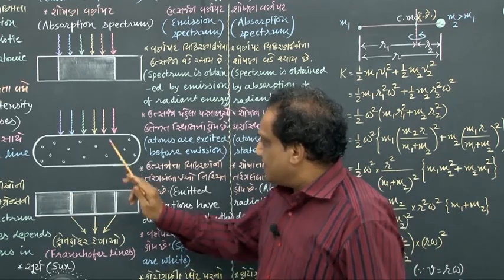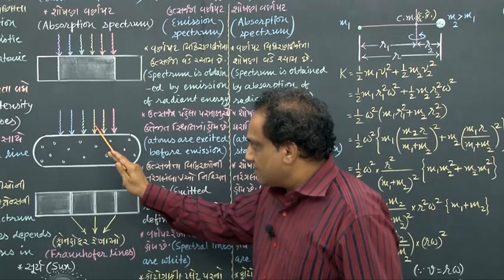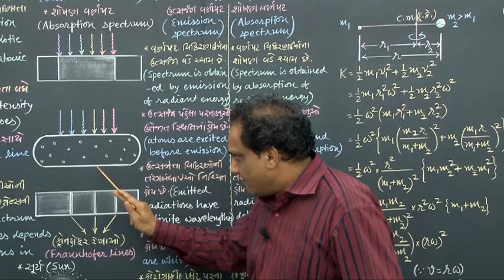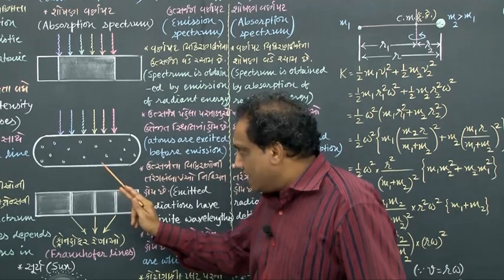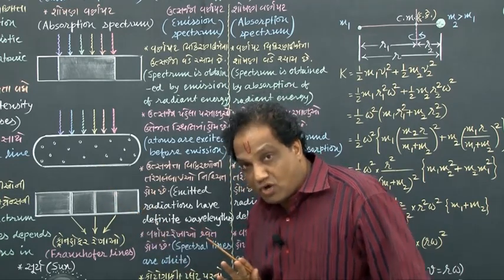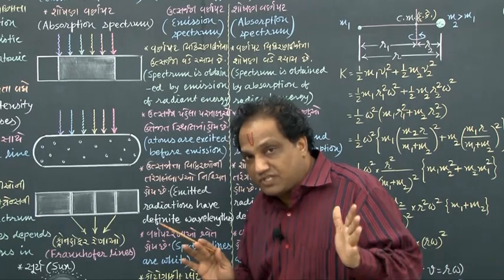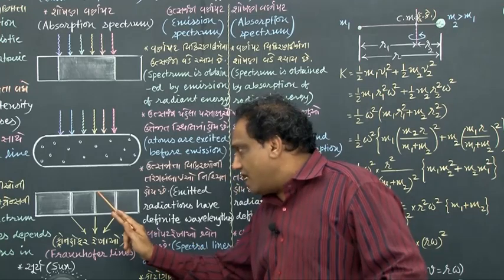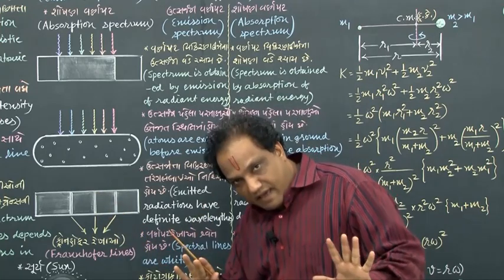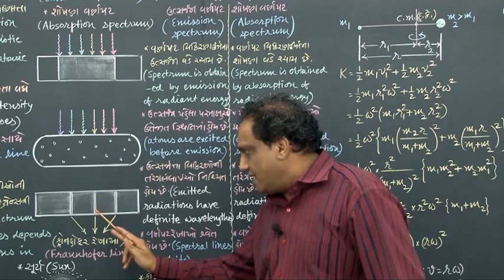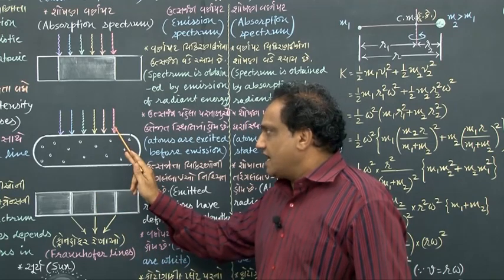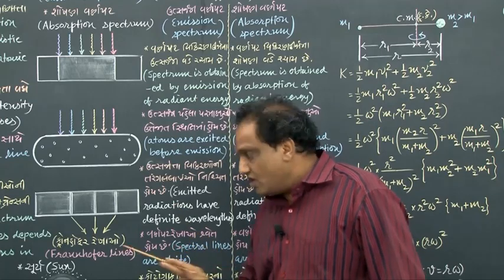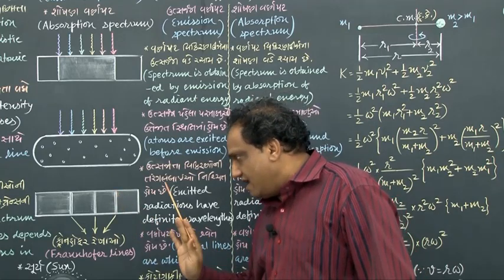Similarly, suppose this radiation is absorbed. If it is absorbed, naturally it will not come out, and at the corresponding opposite position on the photographic plate, once again because of no incidence of radiation, that much part would remain black. So here also we get a black line. Similarly, if this is getting absorbed, at the corresponding opposite position on the photographic plate we will get a black line.